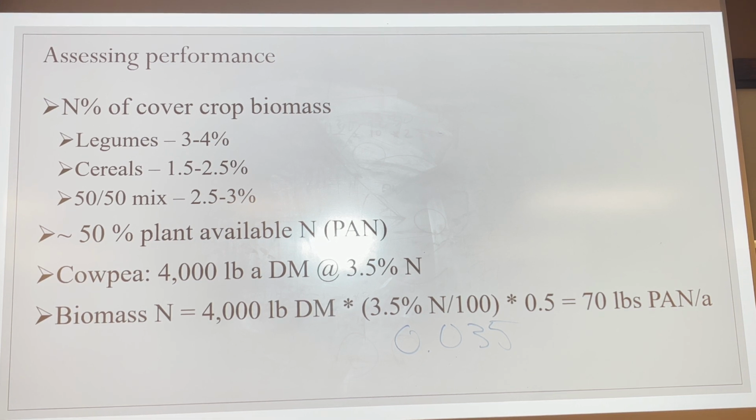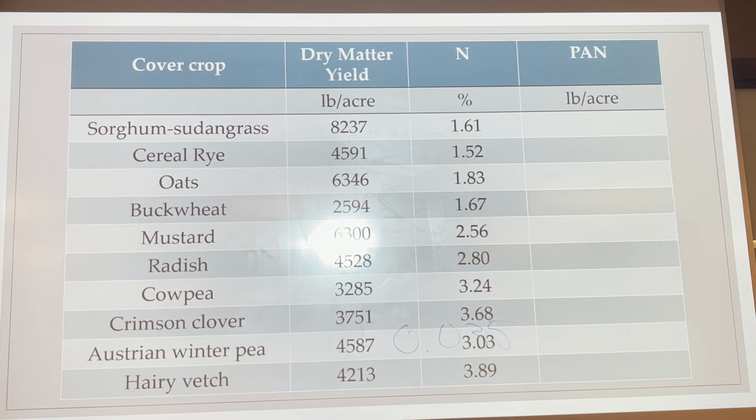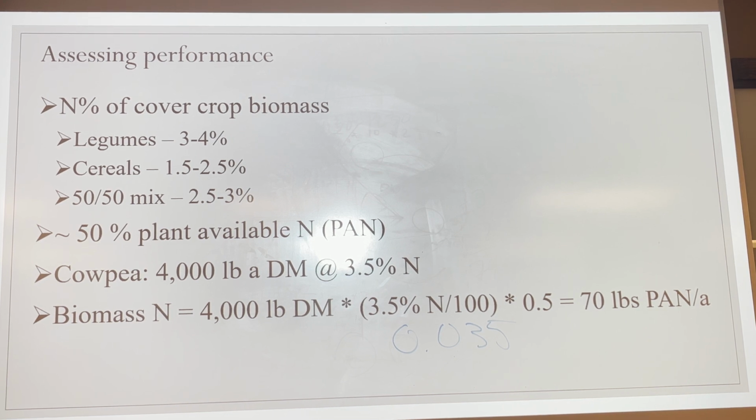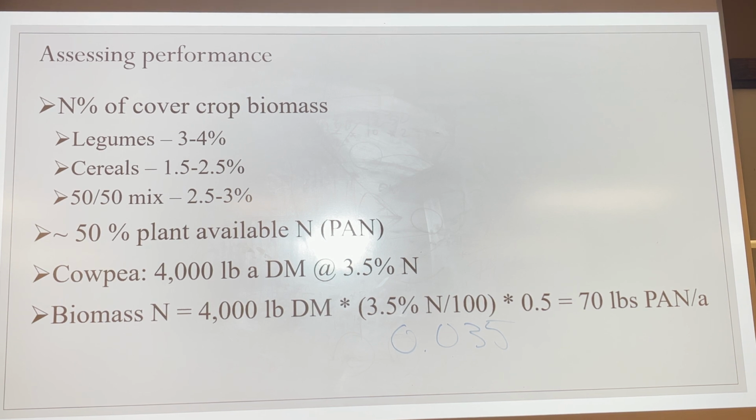Following, Laurel? All right, so then from that, you should be able to complete the table. Everything in this end column, everything is considered a 50-50, or 50% plant available.